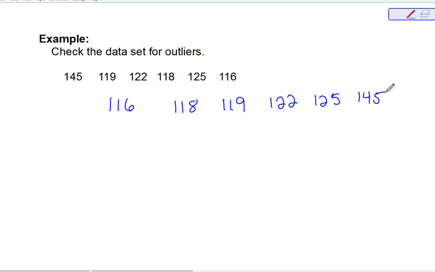Then I want to find my Q1, Q2, and Q3. Well, I've got an even number of data points, so my Q2 is going to be right here. It's going to be 119 plus 122 divided by 2. So Q2 is going to be 120.5. Q1 is going to be the median of the lower half.